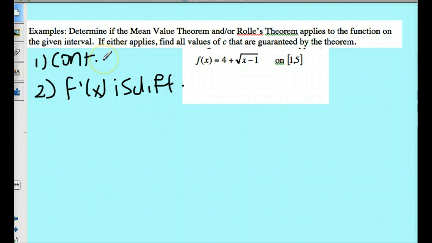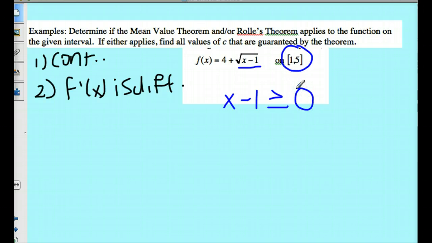To find out if something is continuous, I have to make sure I don't have any holes, jumps, or gaps. In this problem, I know that I can always get a real answer as long as this inside is 0 or greater, right? So we're going to make sure that this interval counts. I'm going to say x minus 1 has to be greater than or equal to 0.